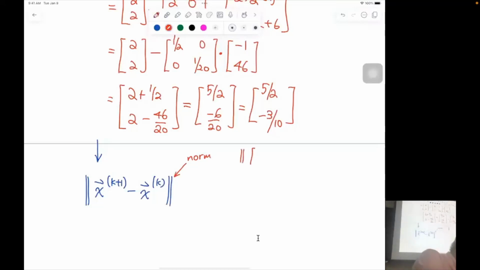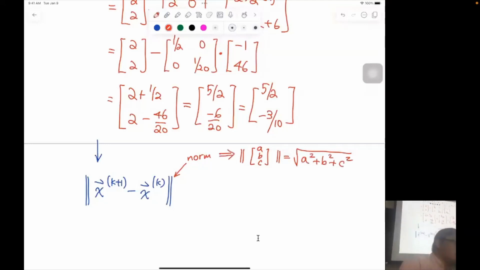For example, this is a vector A, B, and C. The norm of a vector basically is the length of the vector, square root of A squared plus B squared plus C squared. That's the norm, okay? So you can calculate the norm of this difference vector. And you want this length to be small enough.